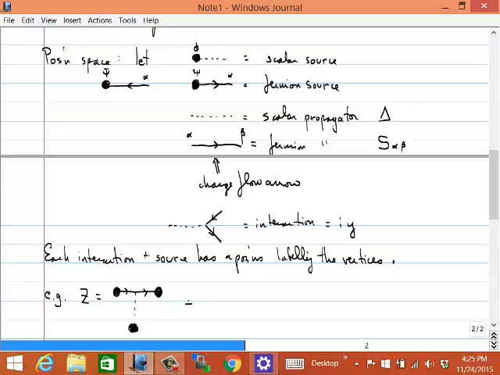Or if you wanted to describe two scalar fields colliding together and annihilating and forming a fermion-antifermion pair, then you would have to consider a term in your generating function that looks like this.